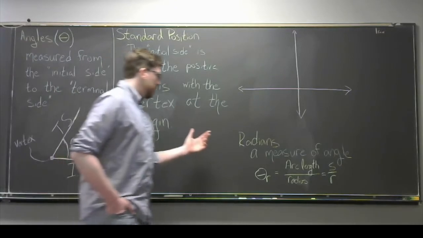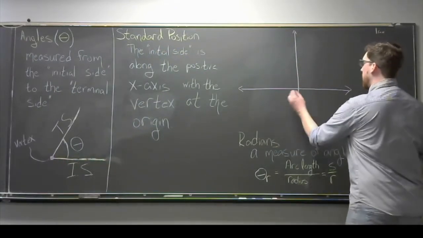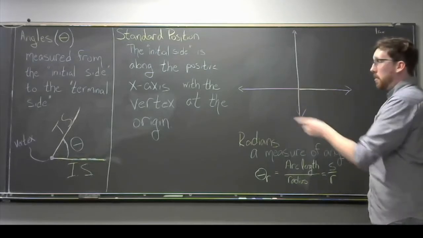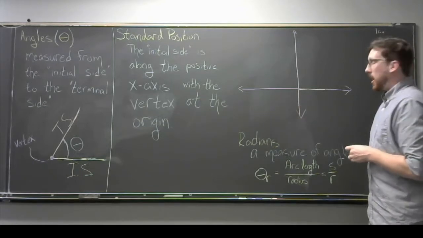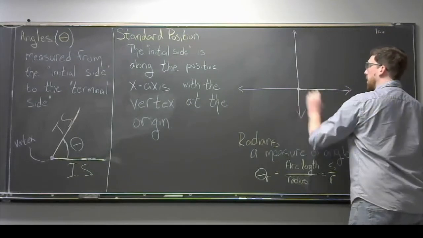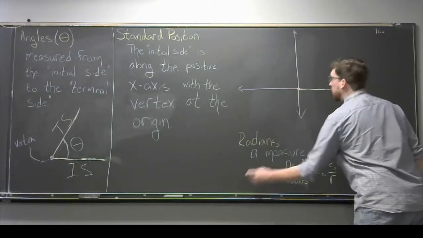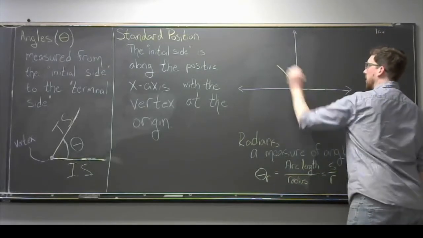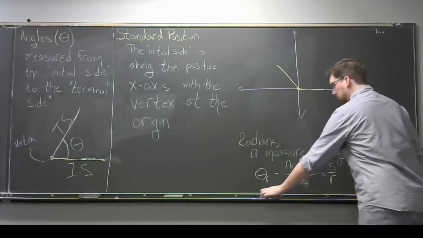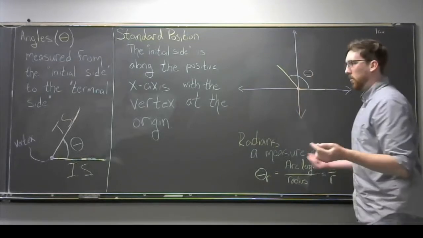And all that standard position does is it says, let me put my initial side along the positive x-axis. Let me then put the vertex at the origin. And let me put the terminal side wherever it might land. From there, we're going to measure the angle the exact same way we had before.